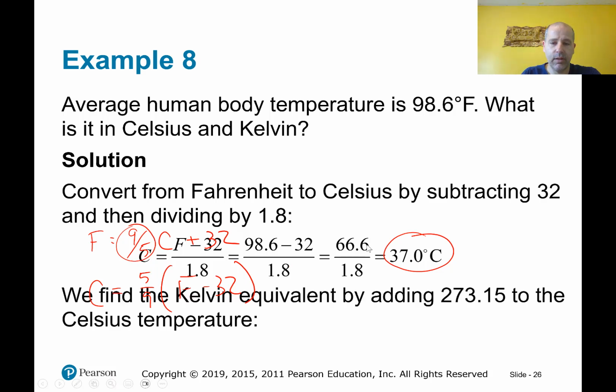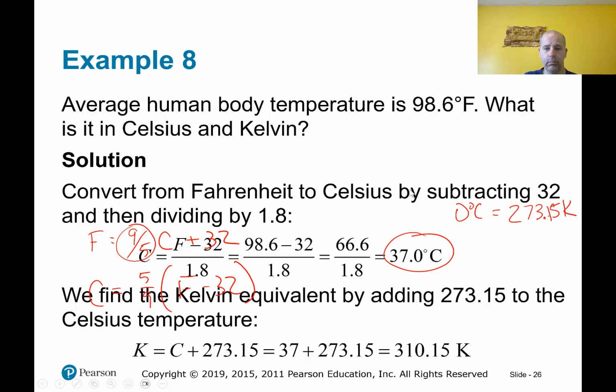Then all we have to do is add 273.15 degrees to this Celsius temperature, because remember, 0 degrees Celsius is equal to 273.15 Kelvin.